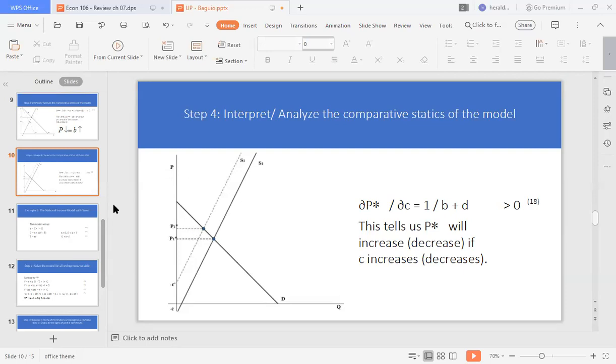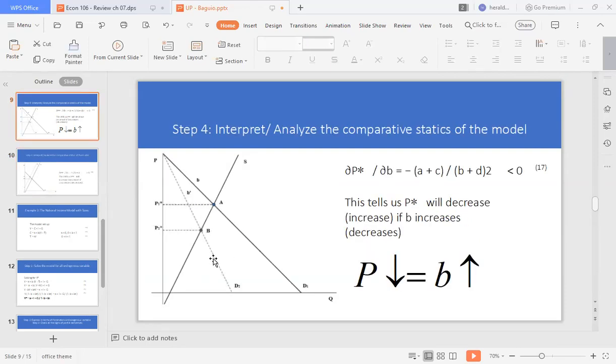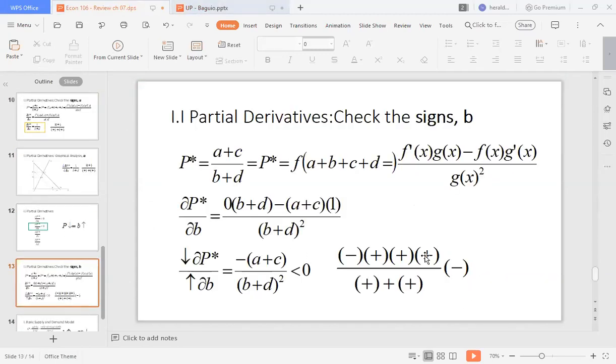For B, it was very specific that there was an increase in parameter B. But you can use this in a more general sense: if there's a change in parameter B, P always moves in the opposite direction.